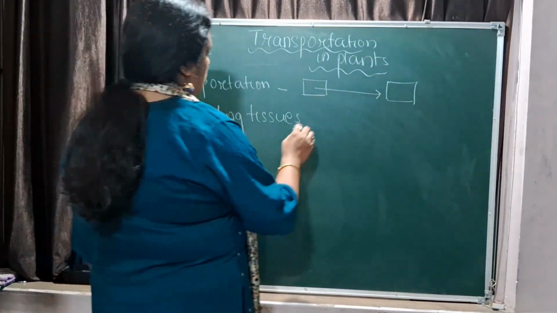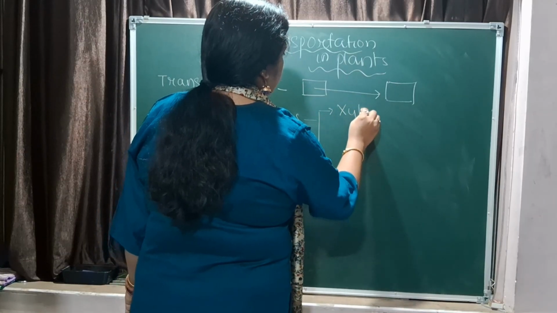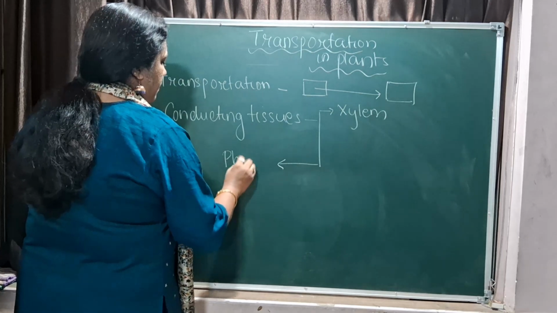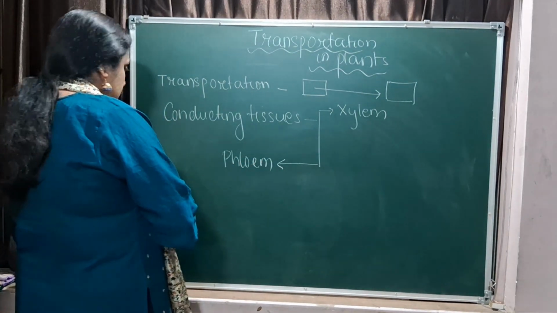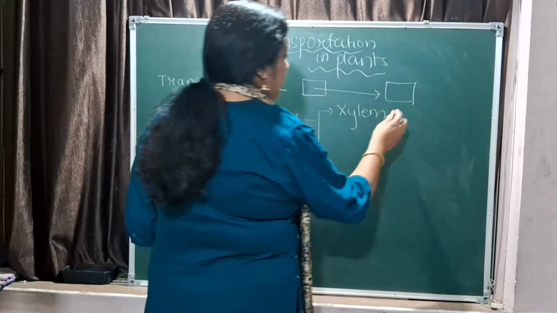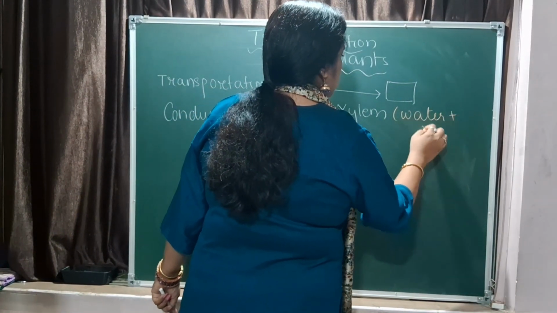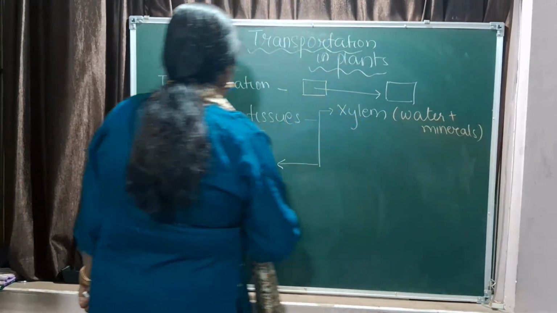Now, conducting tissues. There are two types of conducting tissues present: xylem and phloem. Okay. Now, when you say xylem, xylem is for water and minerals. Water plus minerals, and your phloem is for food.